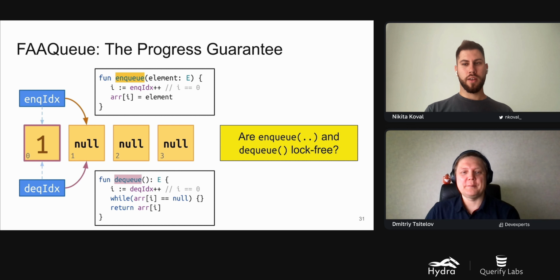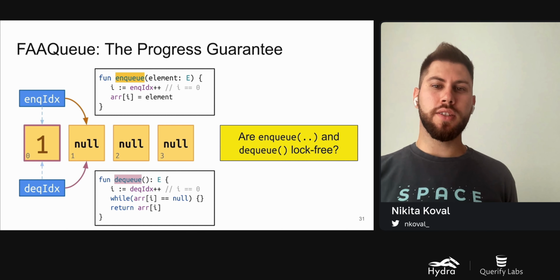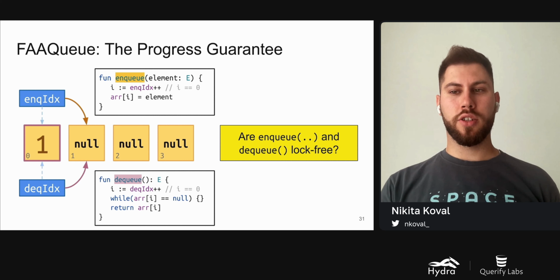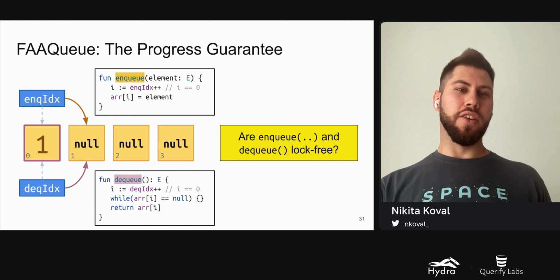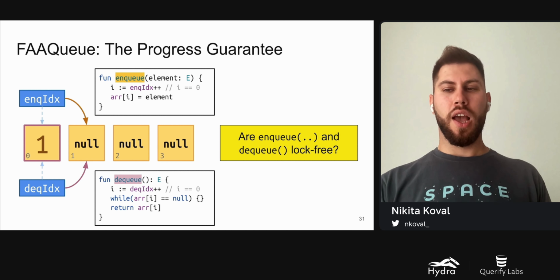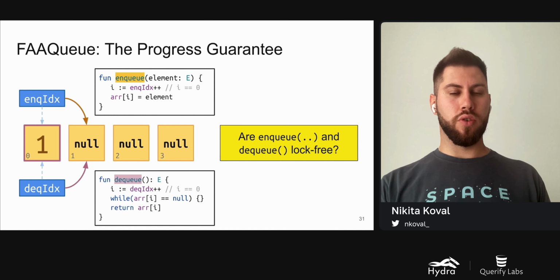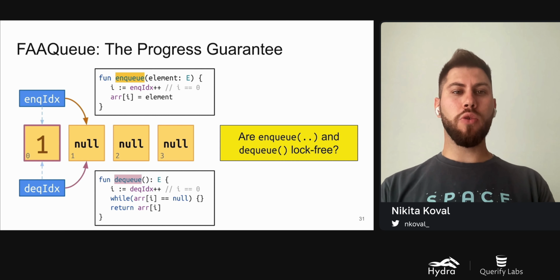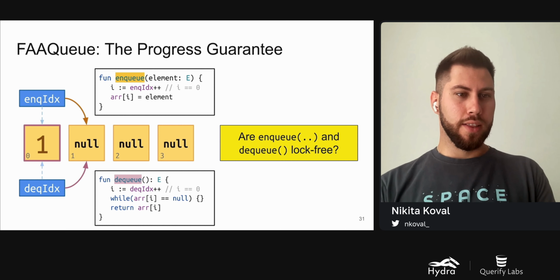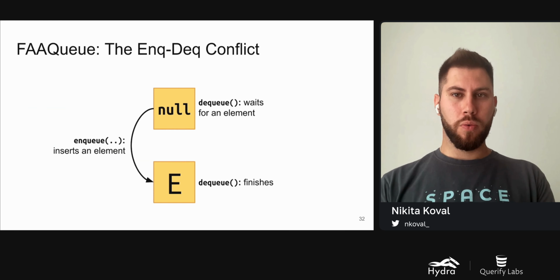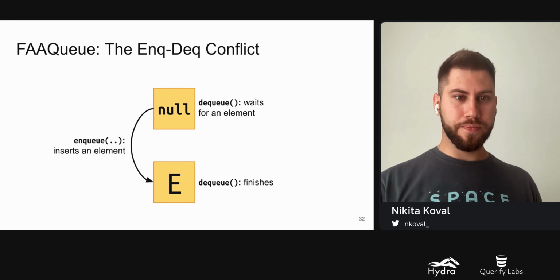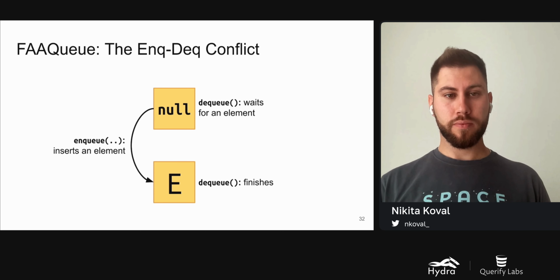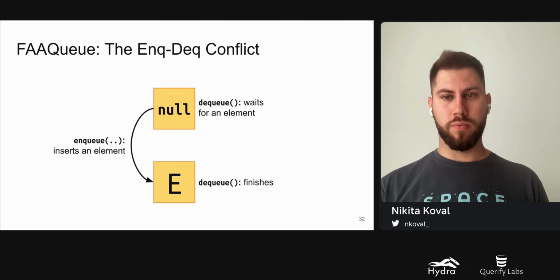Okay. So this enqueue, this dequeue, they are not lock-free. In particular, enqueue is lock-free here, but dequeue is not. And we want to make dequeue non-blocking. So how could we do that? Let's take a look at the transition state diagram for each cell. Initially, it's empty, it's null.